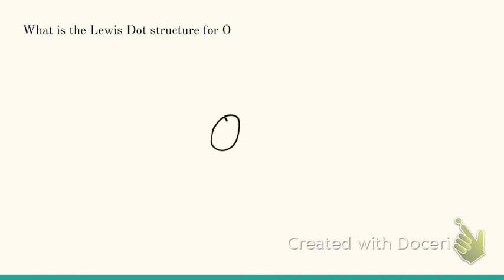All right, looking at our Lewis dot structure for oxygen. Oxygen is in group 16, so we are going to have 6 valence electrons. So we get our 1, 2, 3, 4, 5, 6 around our symbol.